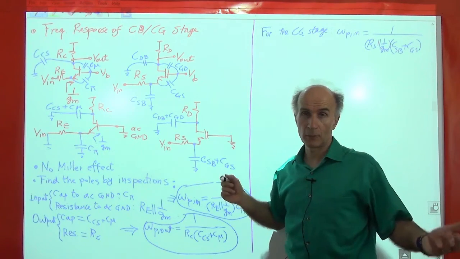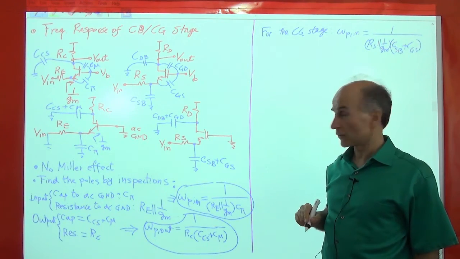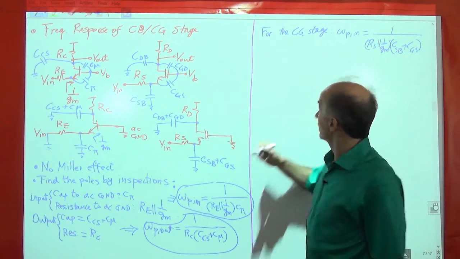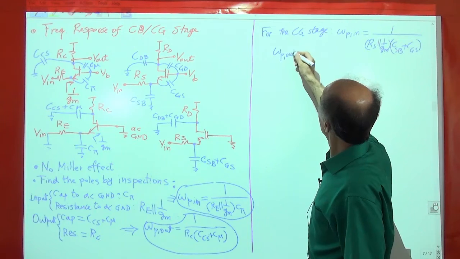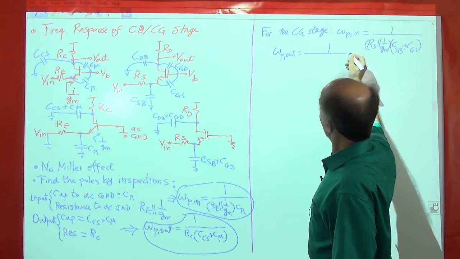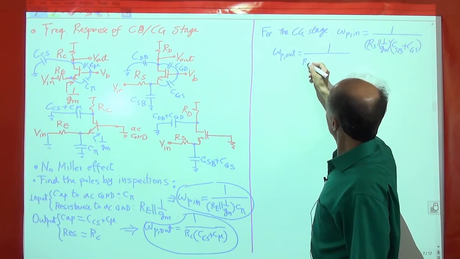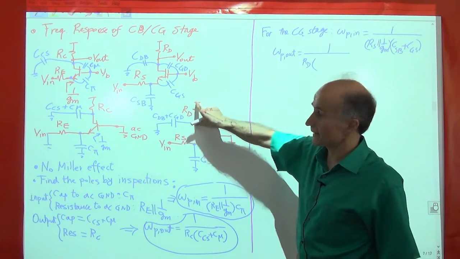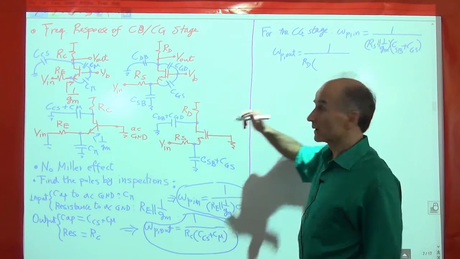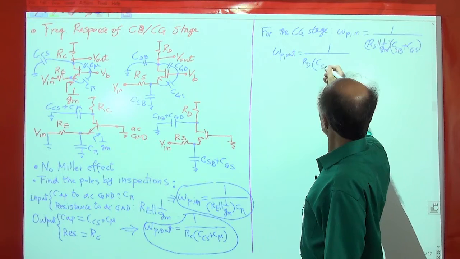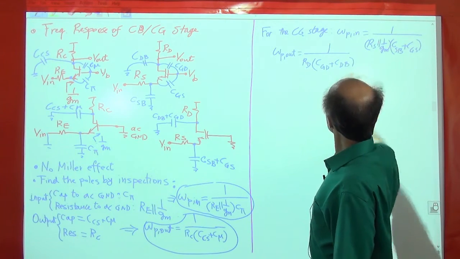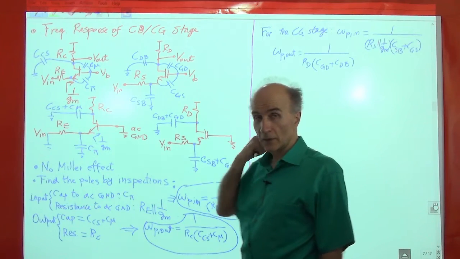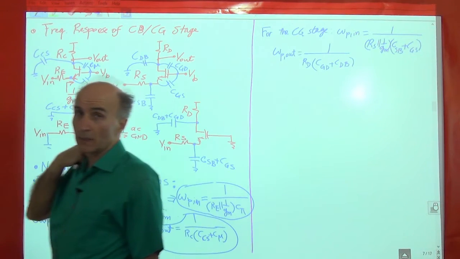Okay, that's the input pole of the common gate stage. And similarly at the output, we have omega P out equals 1 over RD, the total resistance, times the capacitance, so CGD plus CDB. And these are the two poles of the common gate stage.